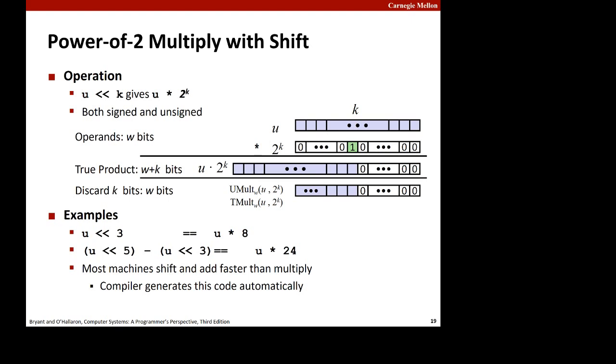So for example, if we shift a number left by 3, it's the same as multiplying it by 8. And you can put together various combinations of these. If you shift a number left by 5, that's the same as multiplying it by 32. And then you subtract off shifting that same number left by 3, which is like multiplying it by 8. Since 32 minus 8 is 24, that's the same effect as multiplying the original number by 24. And you can mix and match these because multiplication distributes over addition.